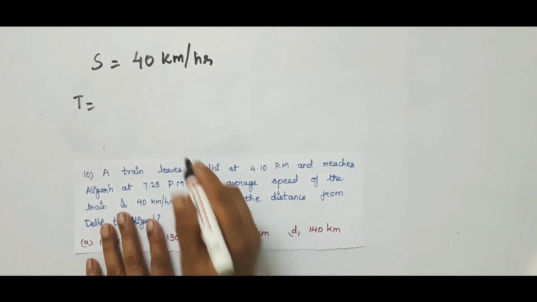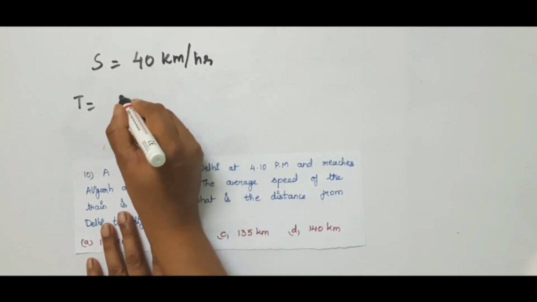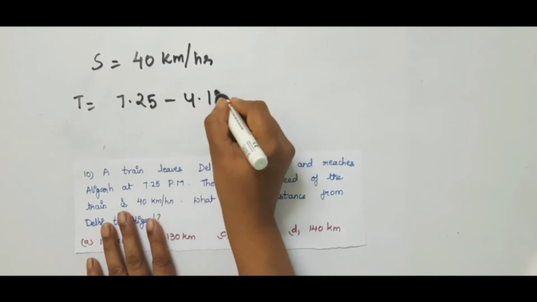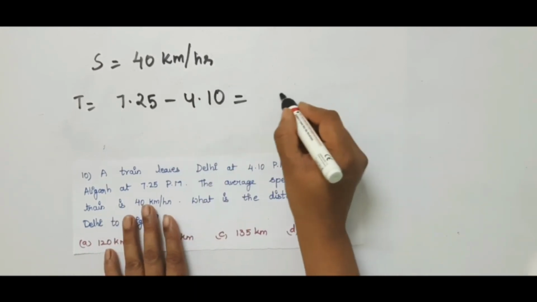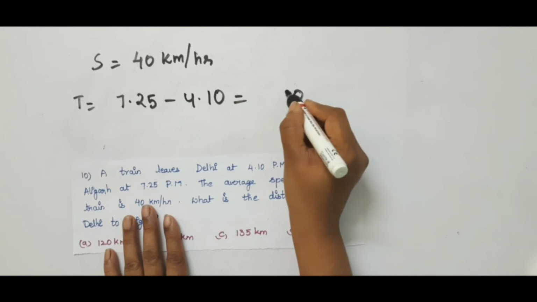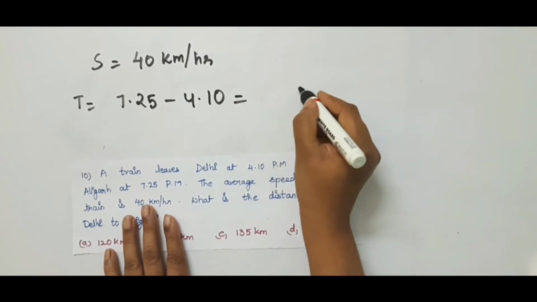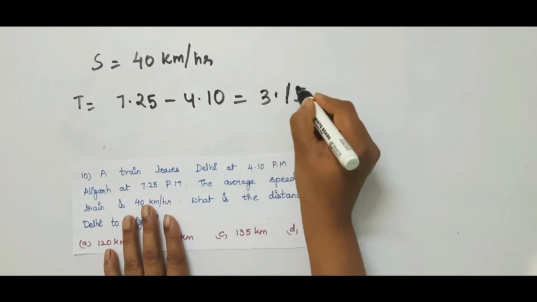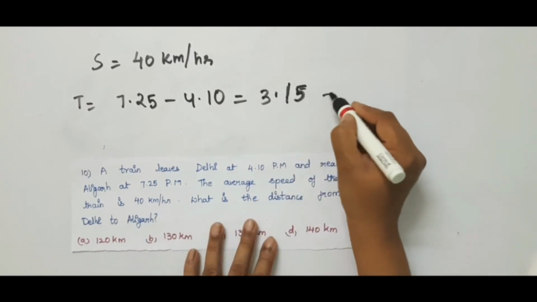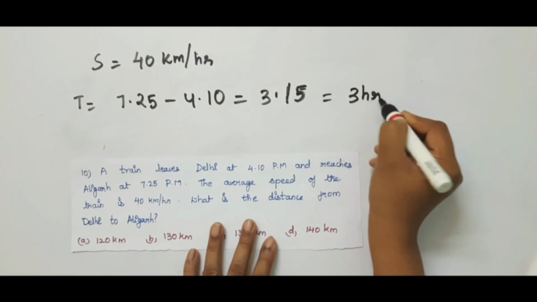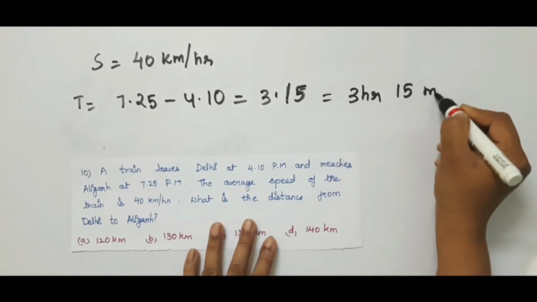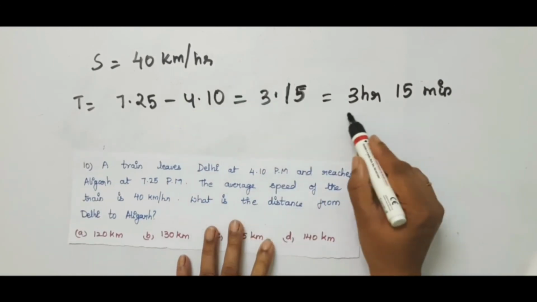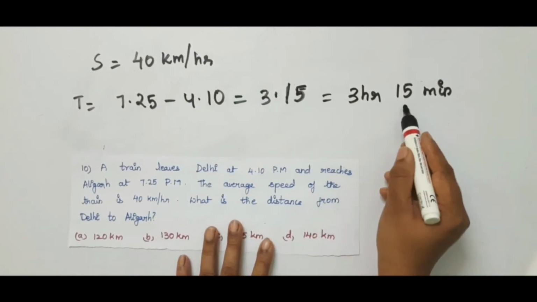So the time difference is 7:25 minus 4:10. The difference in time is 3 hours 15 minutes. As the speed is in kilometers per hour, convert this time completely into hours.